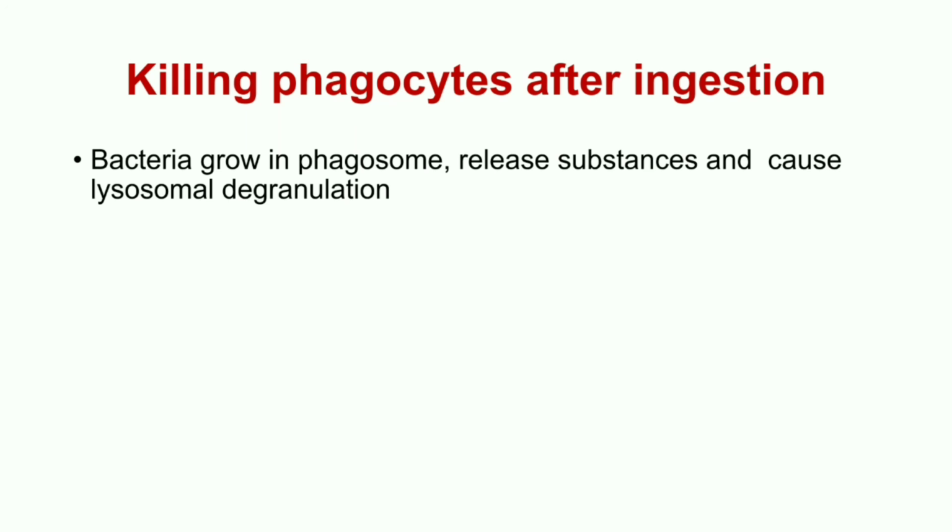These bacteria grow inside the phagosomes, that is, utilize the nutrients of the host cells residing inside the phagosomes, after which they release substances which can pass through the membrane of the phagosome. These substances lead to discharge of lysosomal granules.